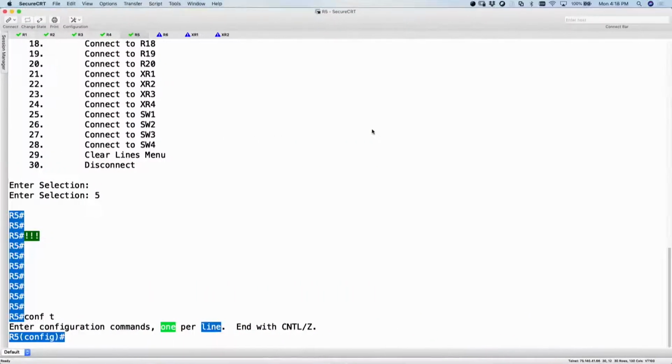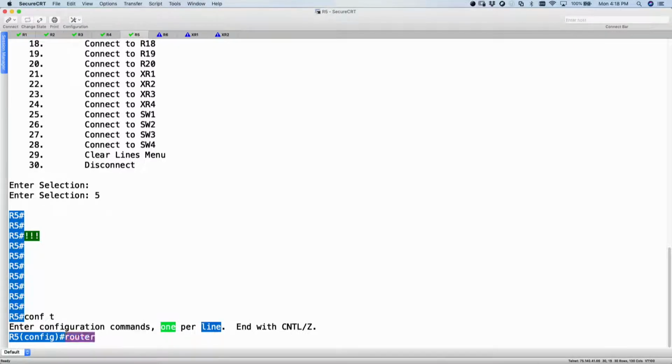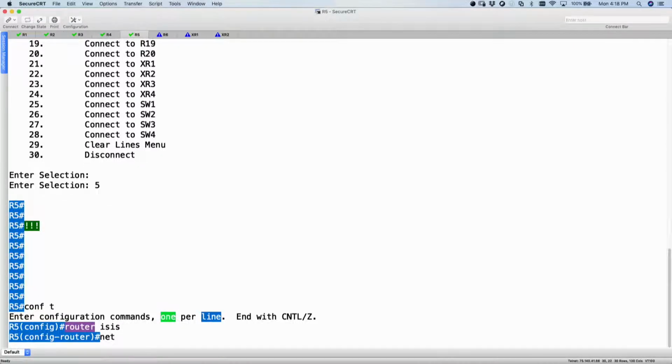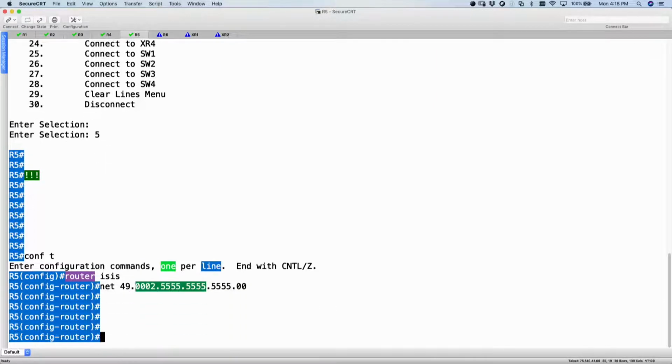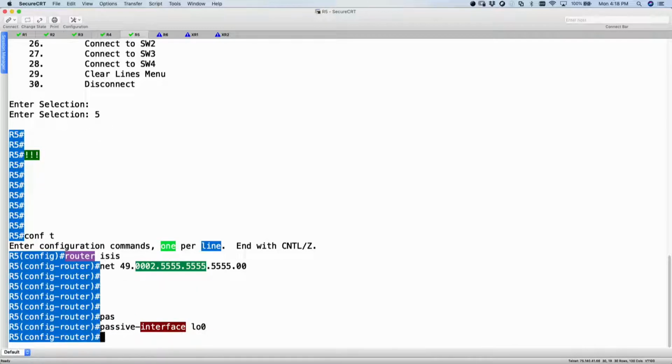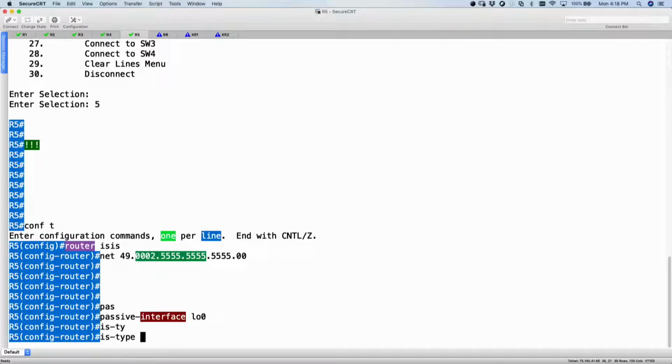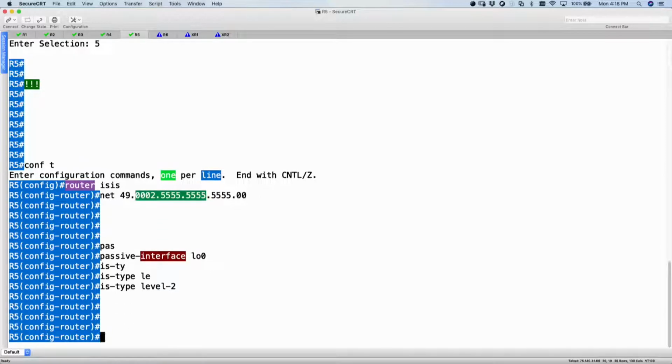So maybe globally, I can just go and enable the IS type to be level 2. So router ISIS, net 49.000.5555.5555.5555.00. Passive interface loopback 0, and then IS type would be level 2.